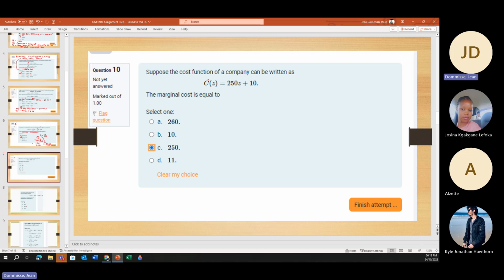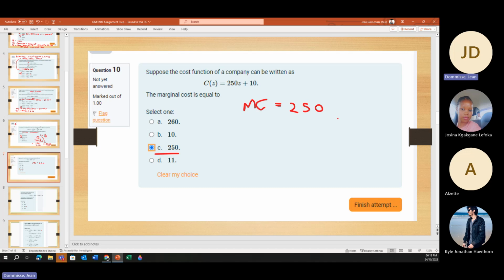Okay, suppose the cost function of a company can be written as this. The marginal cost. Okay, so that is what I would have said. Marginal cost is just 250.